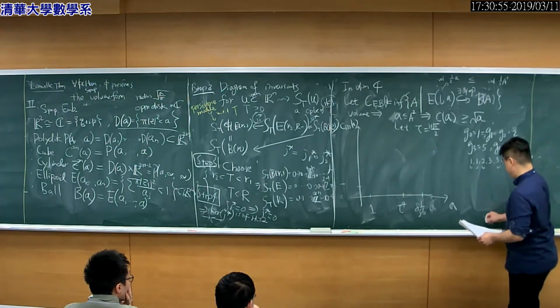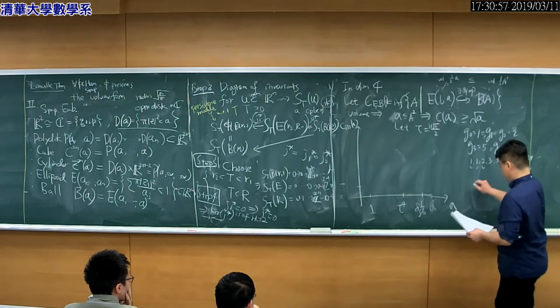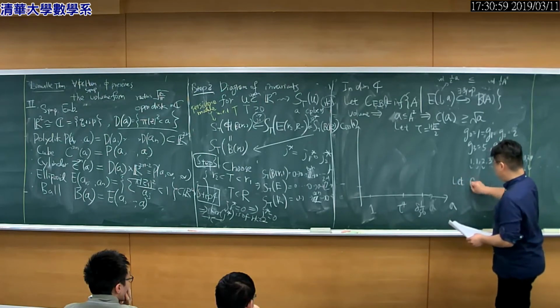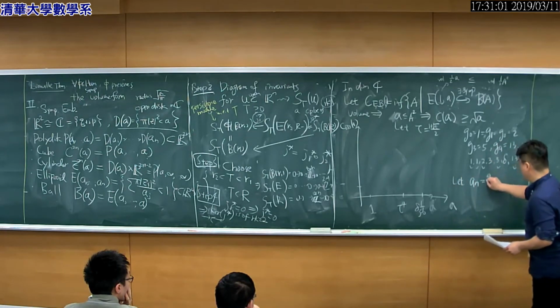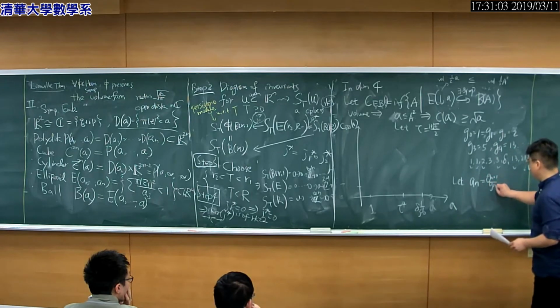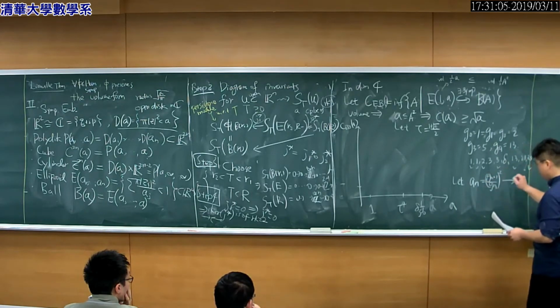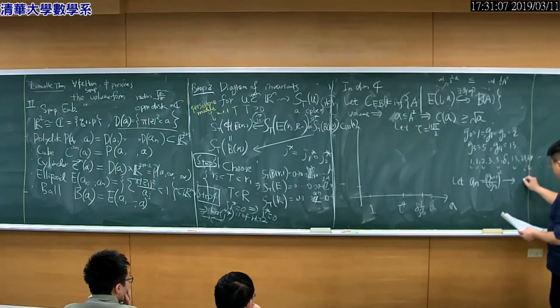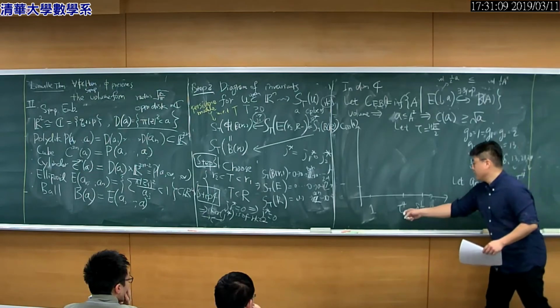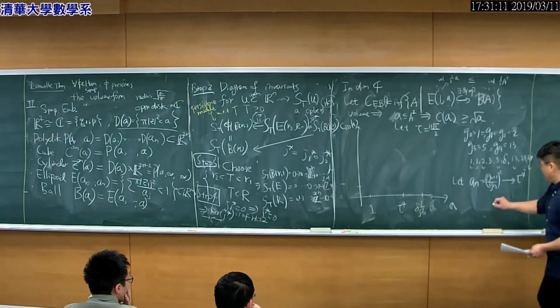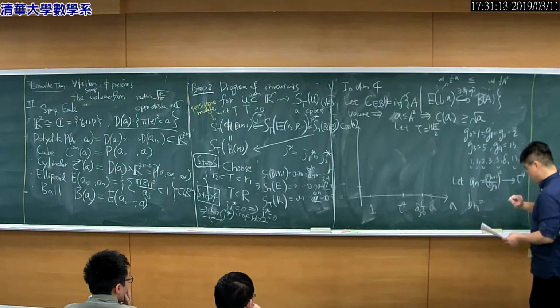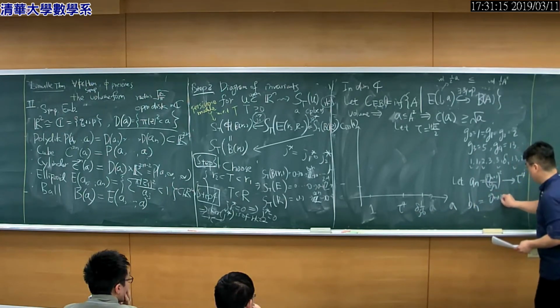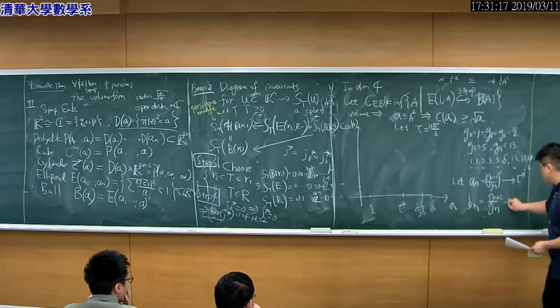Then what happens is that an is 1 over Gn squared. So when n goes to infinity, it approaches tau to the 4. And bn equals Gn plus 2 over Gn, and you can see that it also approaches tau to the 4.